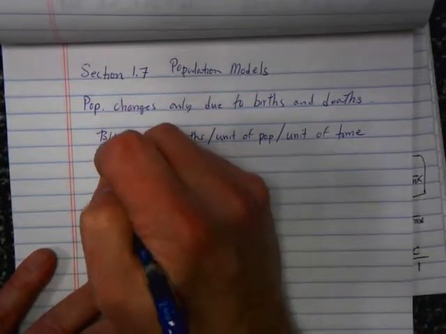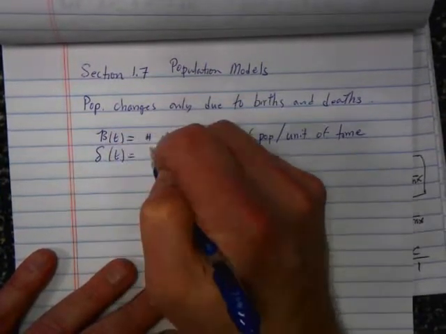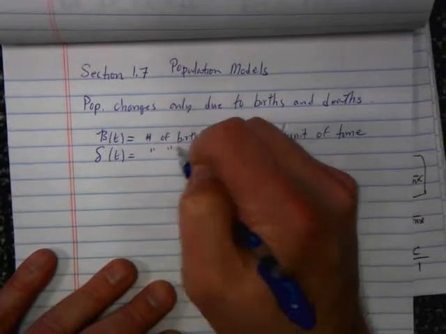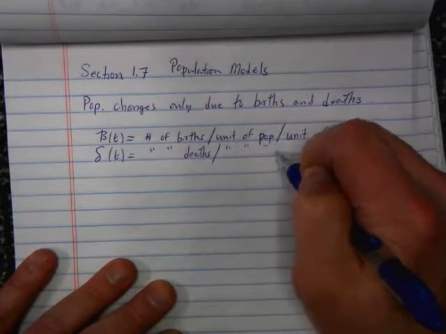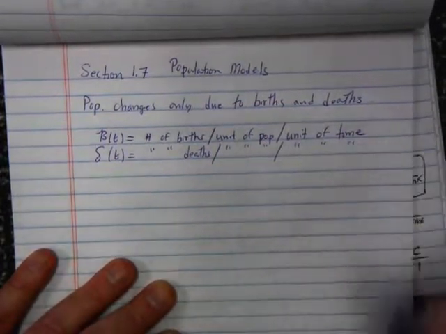And similarly, we will let delta of t be the number of deaths per unit of population per unit of time.